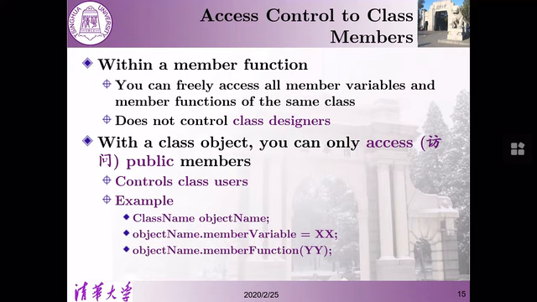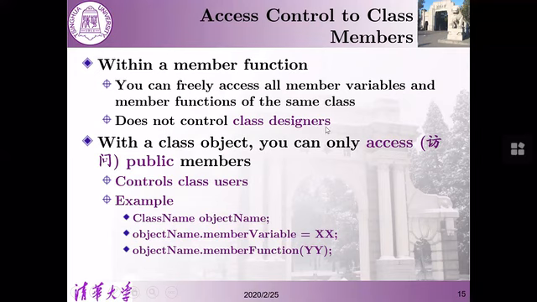For access control to class members, we actually have two sides. One side is within a member function. You can freely access all the member variables and member functions of the same class within the member function. That means access control does not affect class designers.